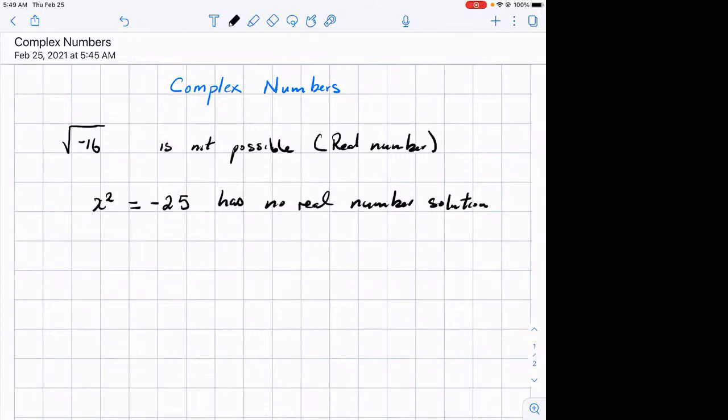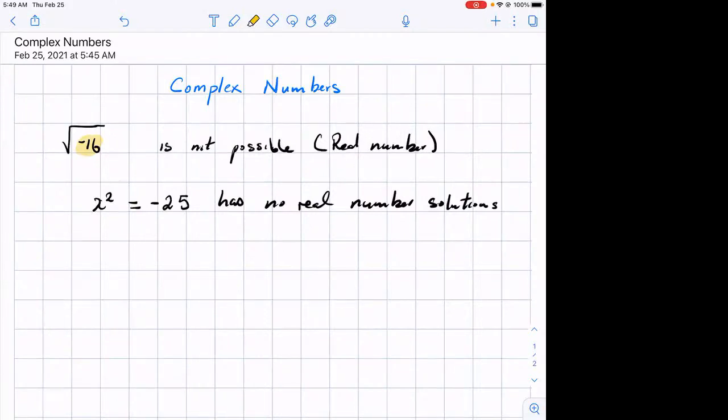This is because the square root of a real number is always positive, right? So we have been unable to work with square roots of negative numbers. Complex numbers now will give us the ability to work with these.